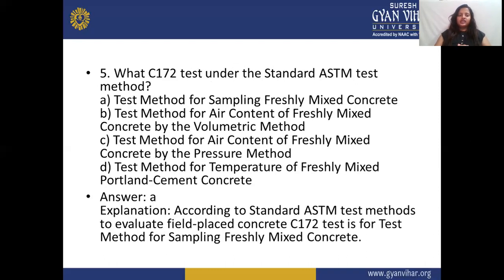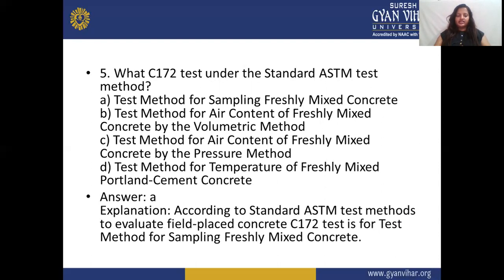What is the C172 test under the standard ASTM test method? The options are: the test method for sampling freshly mixed concrete; the test method for air content of freshly mixed concrete by the volumetric method; third, the test method for air content of freshly mixed concrete by the pressure method; and the test method for temperature of freshly mixed Portland cement concrete.